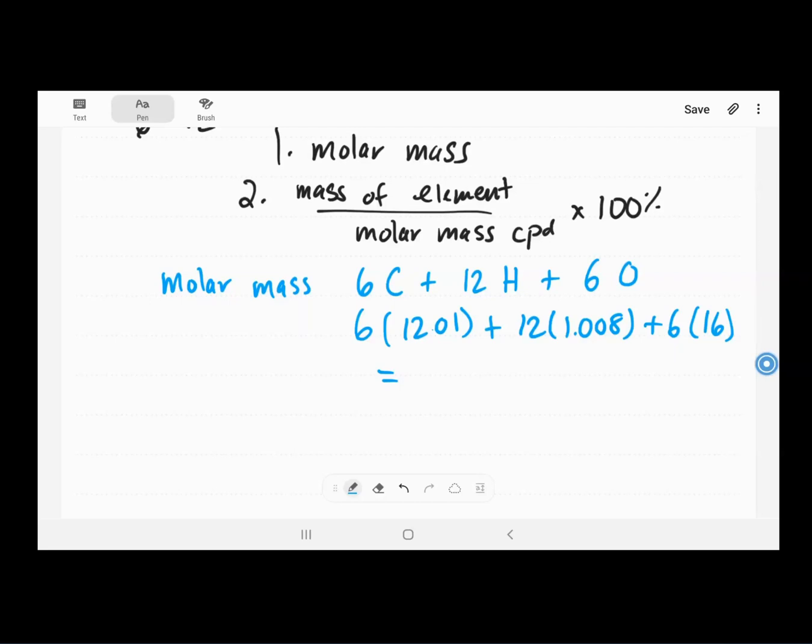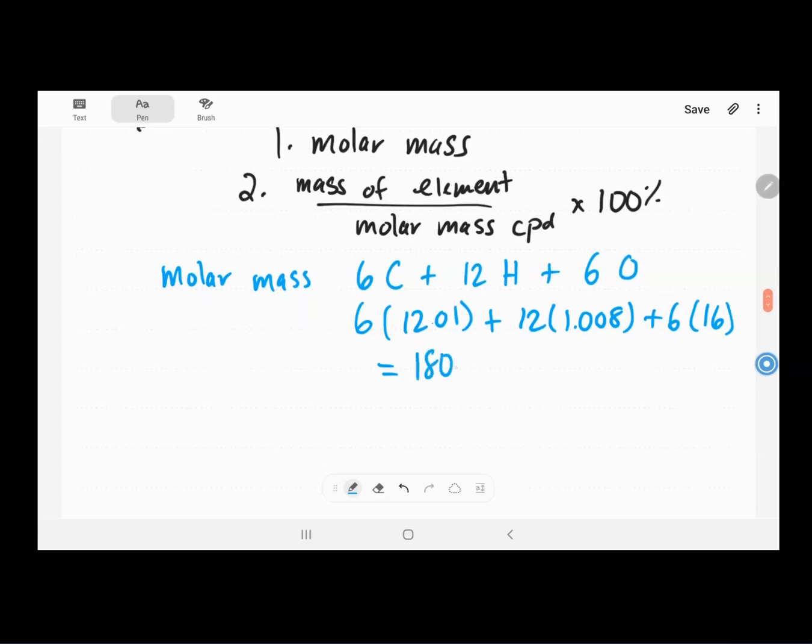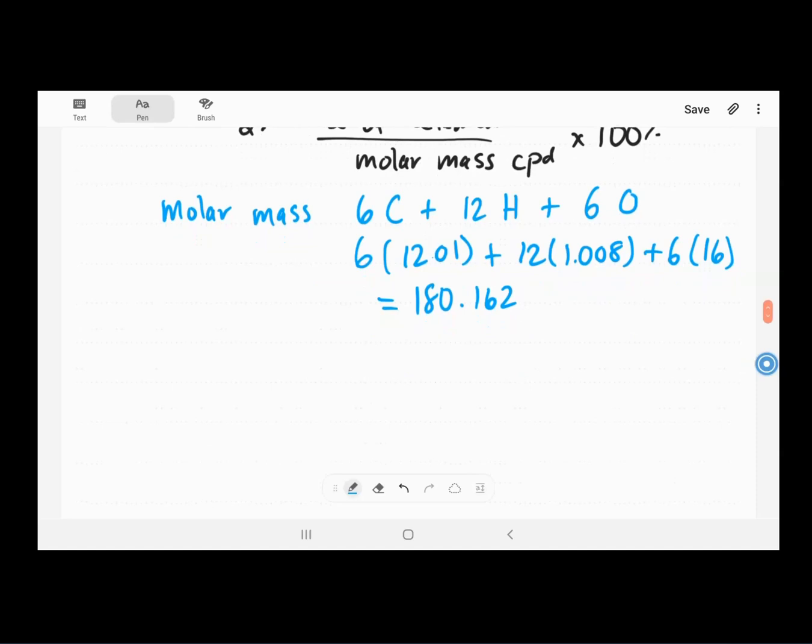If I remember, it's something like 180, but let's see. Nice, so about 180.162. Since this stuff is not really experimental per se, we don't really have to worry about sig figs here. So we'll just leave that number as is.